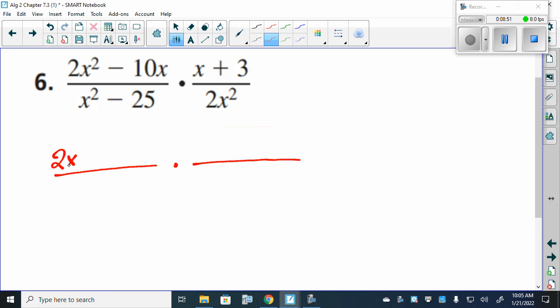X. Because 10 and 2 do have a common factor of 2 that can divide into both, and x squared and x do have a common factor of x. Now, if I factor 2x out of 2x squared, I'm left with x, and then we have minus 5, because the 10 divided by 2 would be 5. The x would factor out completely, so we're just left with 5.